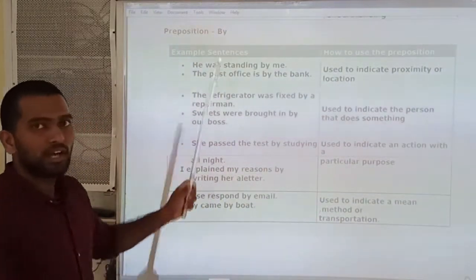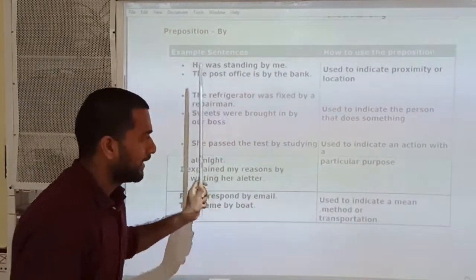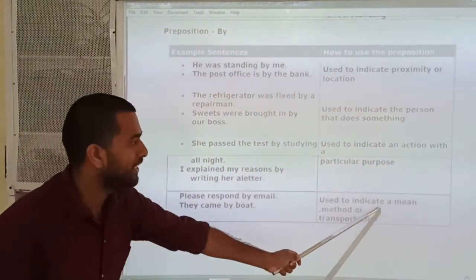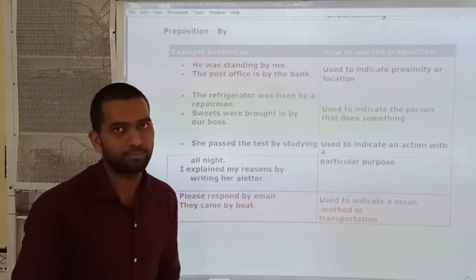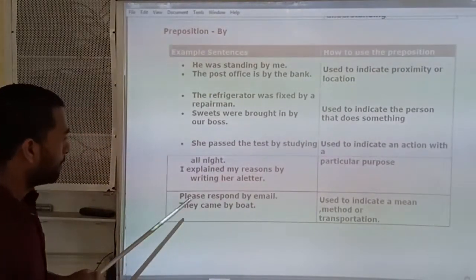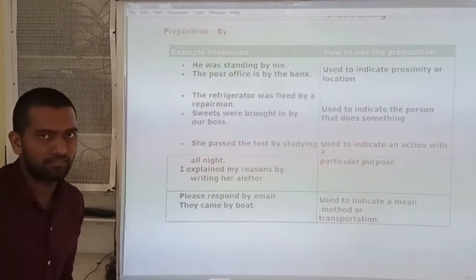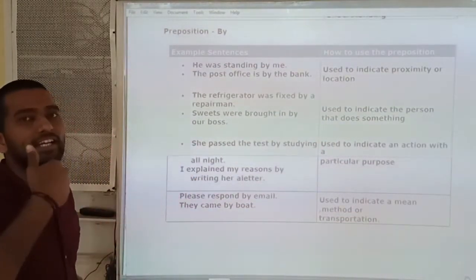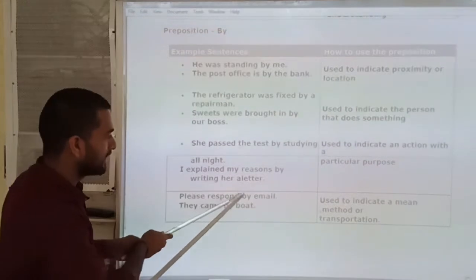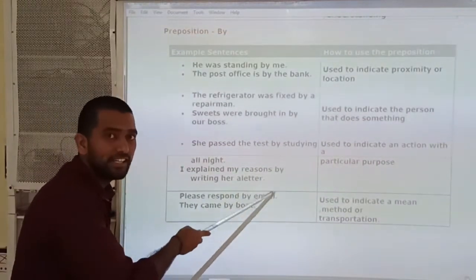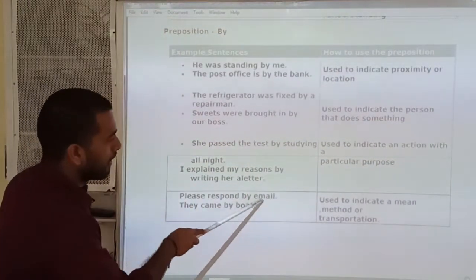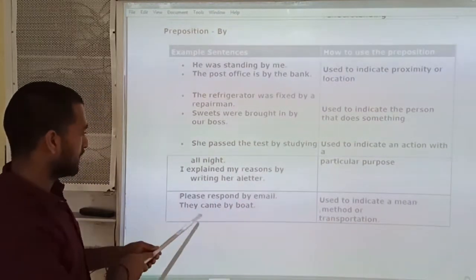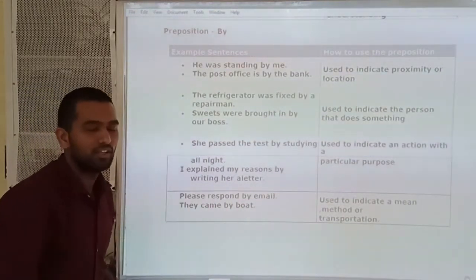The last use of the preposition by: it is also used to indicate a means, method or transportation. Everyone knows this. Please respond by email. It is a method of any action. For example, responding is an action, and by which method is he responding here? By email. And they came by boat.